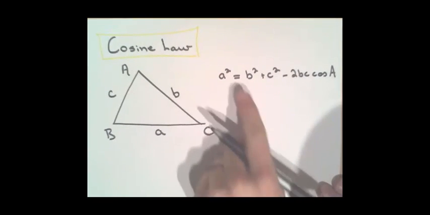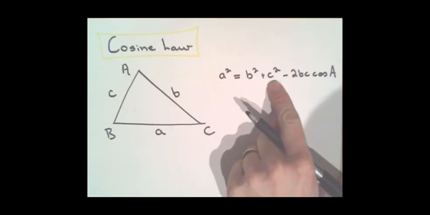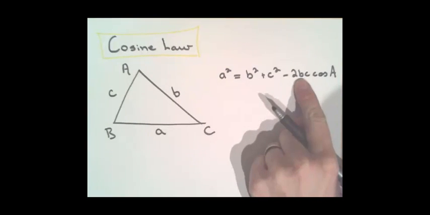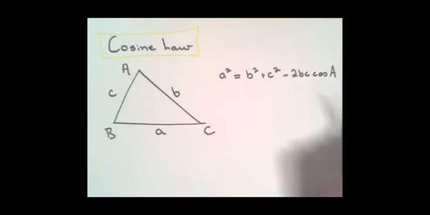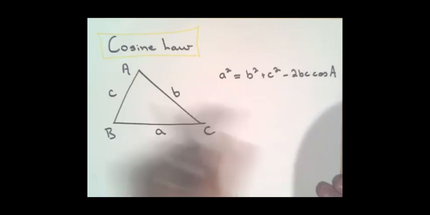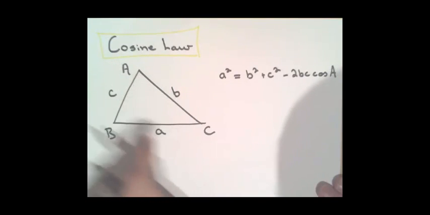So that reads a squared is equal to b squared plus c squared minus 2 times b times c times cosine of A.